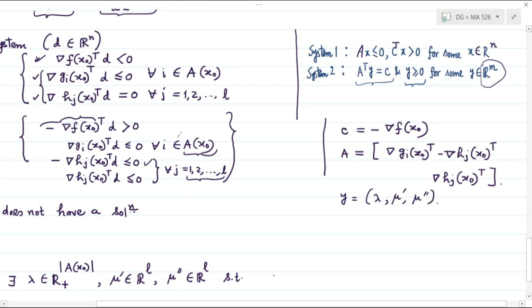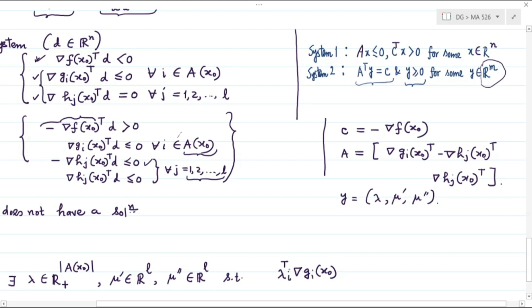So A transpose y will give you lambda transpose grad gi x naught, and obviously you will not have just one component but all the components.